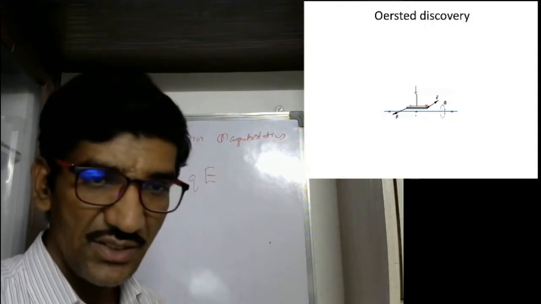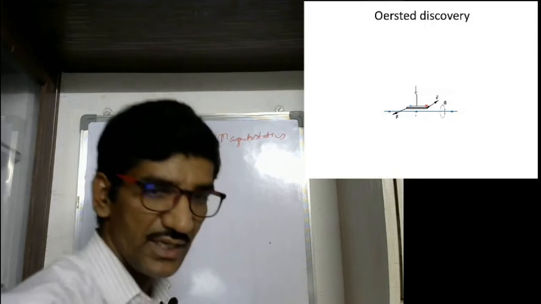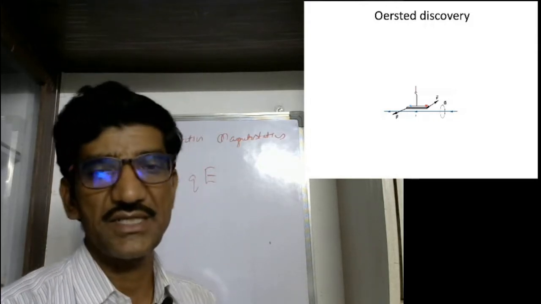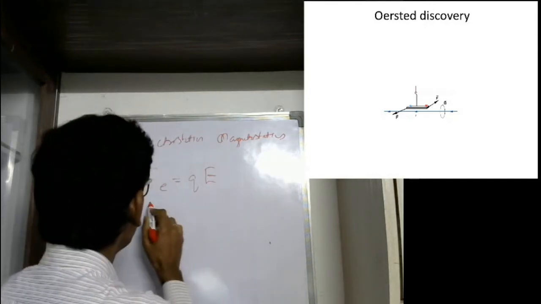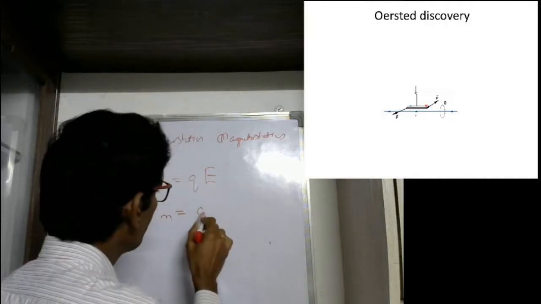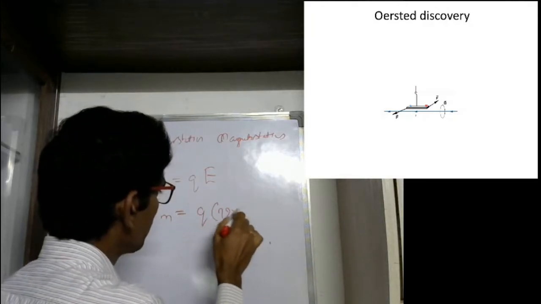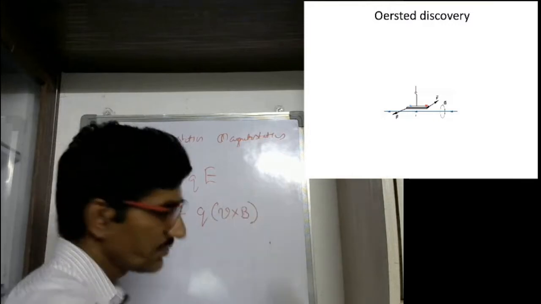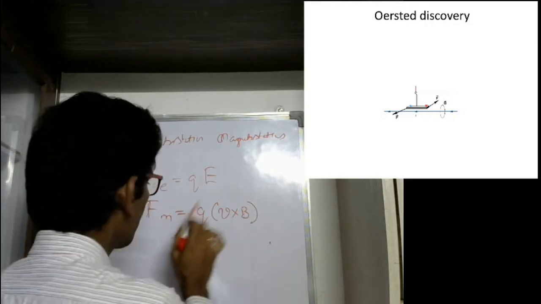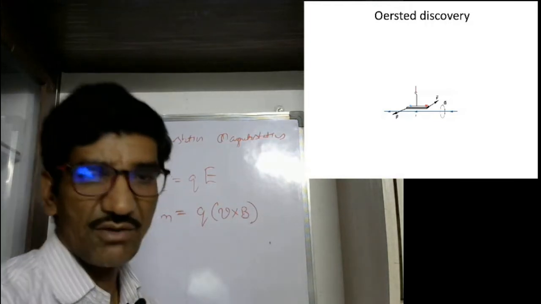Now, the external field is a magnetic field, magnetic induction, whose magnitude is B. So in that magnetic field you are placing a charge Q. Then F magnetic is given by Q V cross B.